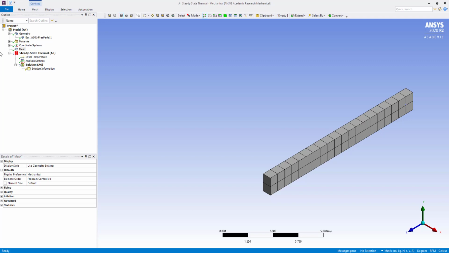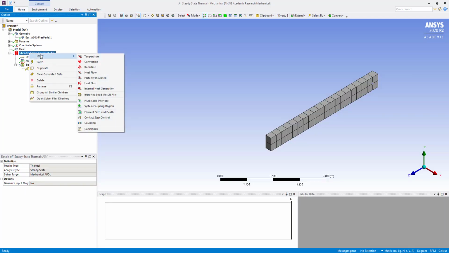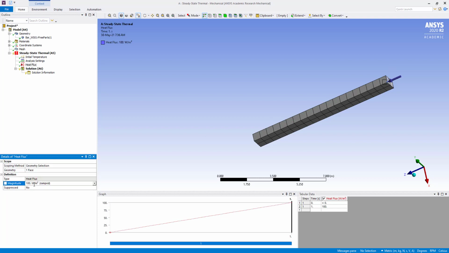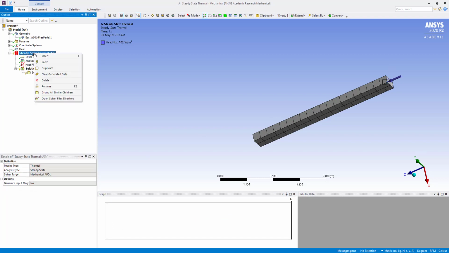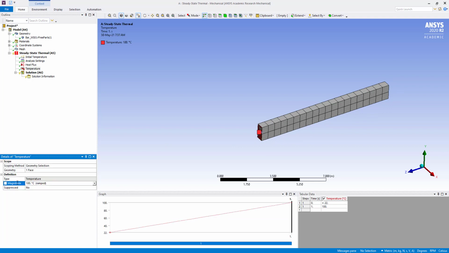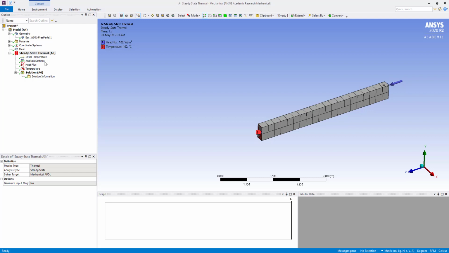Now we are going to apply, insert heat flux at this face, apply, that is 100 watt per meter square, and insert temperature at this face, apply, that is 100, and now solve. So now it has been solved.